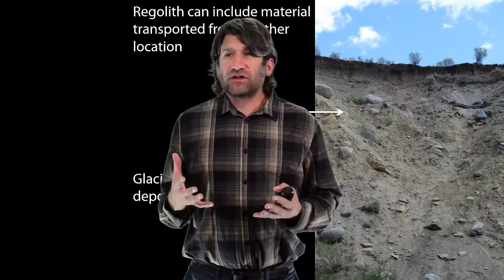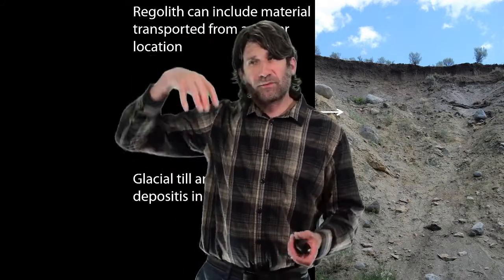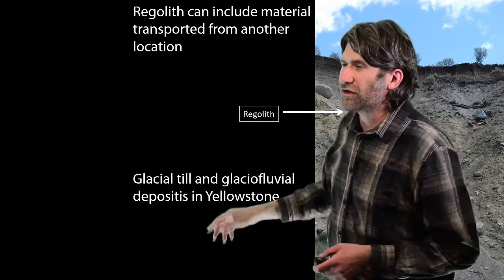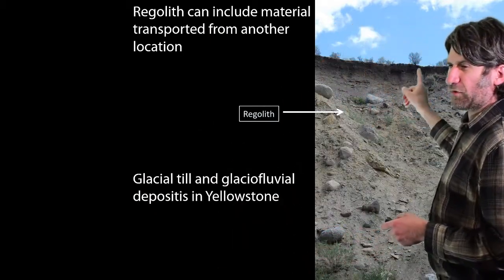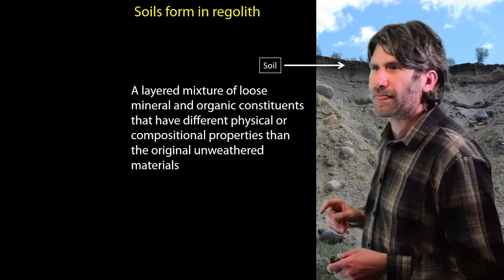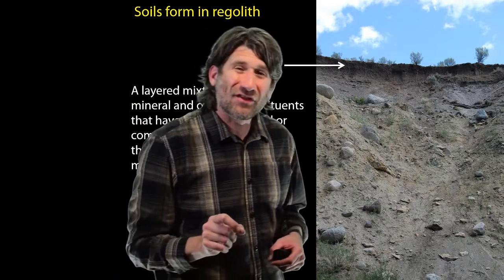These are unconsolidated materials that have been transported from elsewhere and they're sitting on top of bedrock, so we'll still call this regolith. Notice on the top here, we see these dark layers along the top of the regolith. That's a soil that's forming in the regolith.